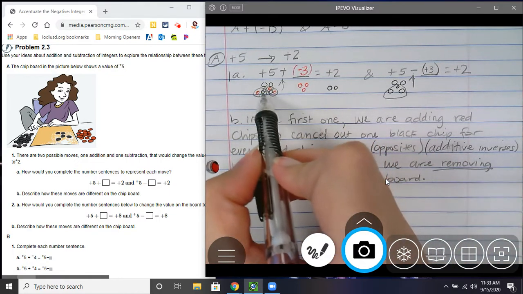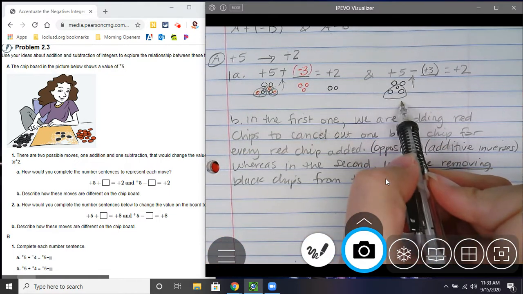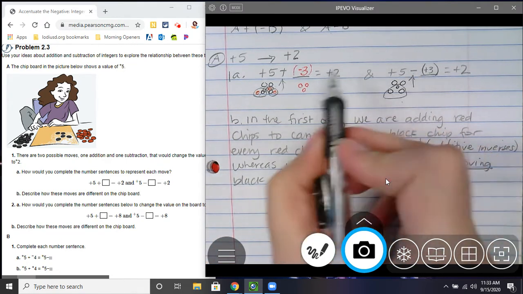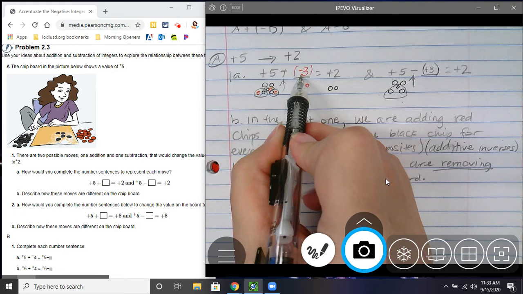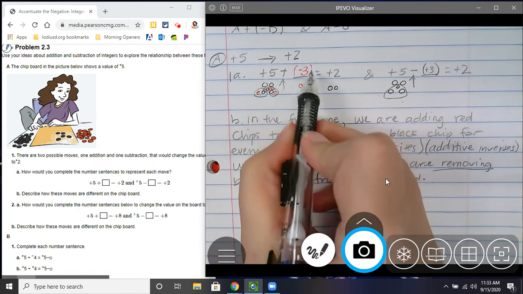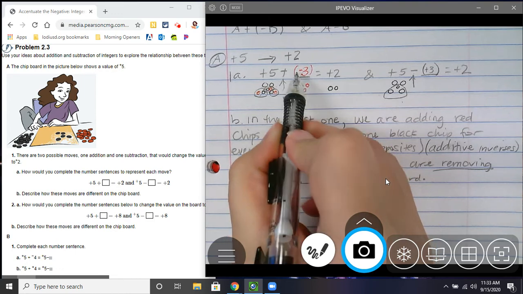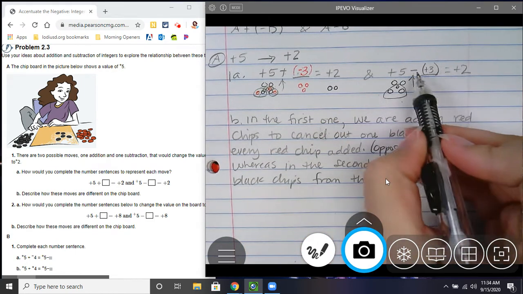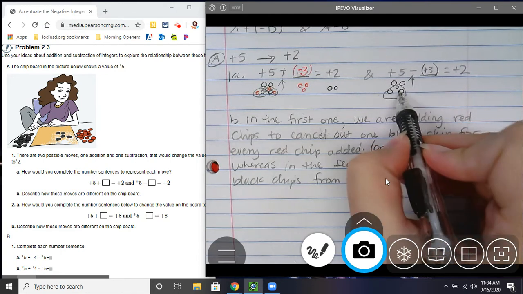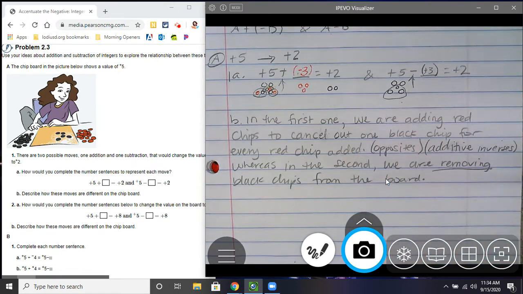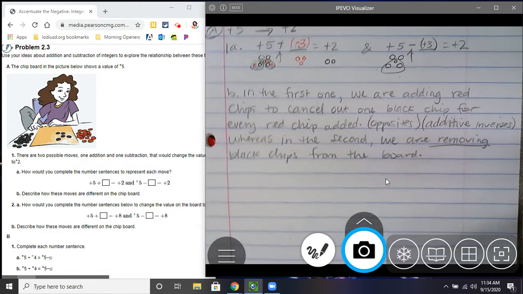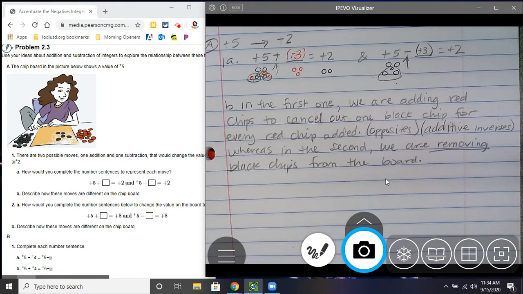This says add something and this says take something away, right? But then the negative and the positive signs here describe the number. So here this says we are going to add 3 red chips. And then this says we are going to take away 3 black chips. That's the difference. But the whole point is that you get the same answer.